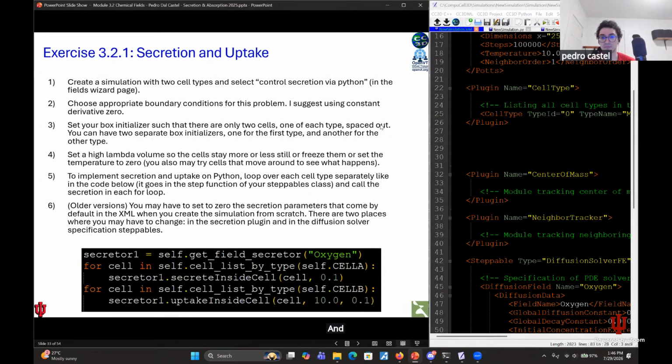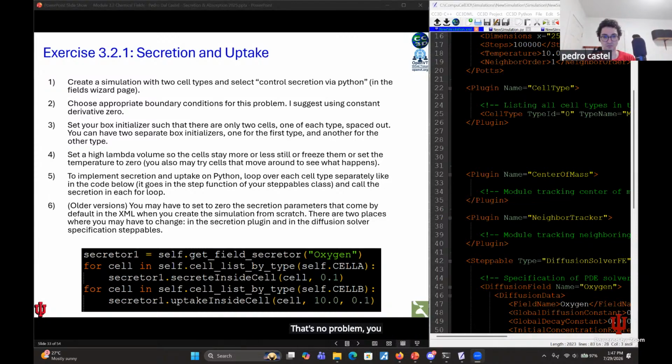And these are the steps. First, create a simulation with two cell types, and select control secretion via Python. Here we're already giving up on the XML. You can use the wizard, that's no problem.